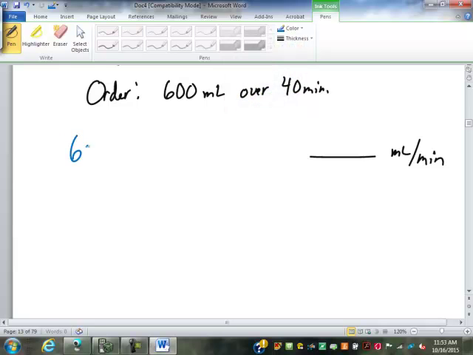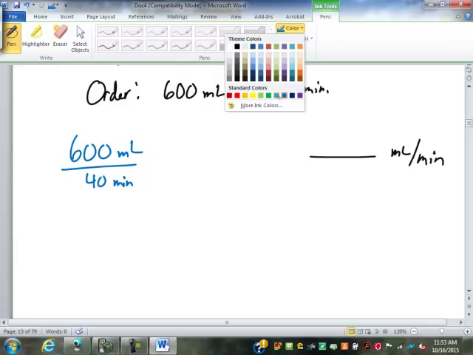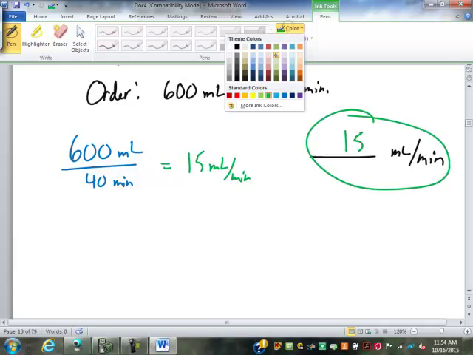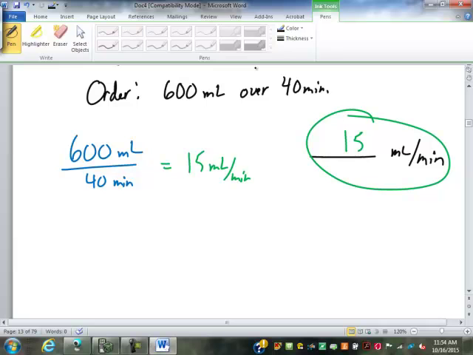This one's quite simple. 600 milliliters over 40 minutes. You divide that out, and it is just going to come out to be 15 milliliters per minute. 600 divided by 40 is 15. Any questions so far?